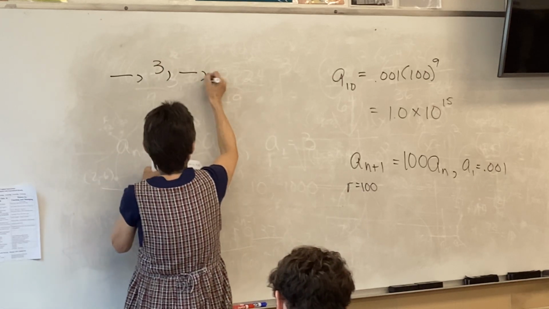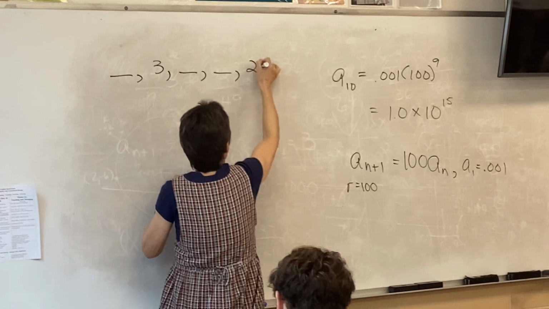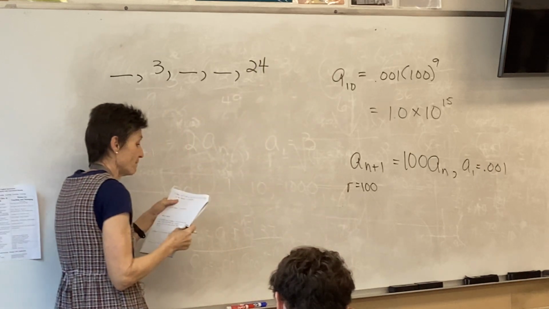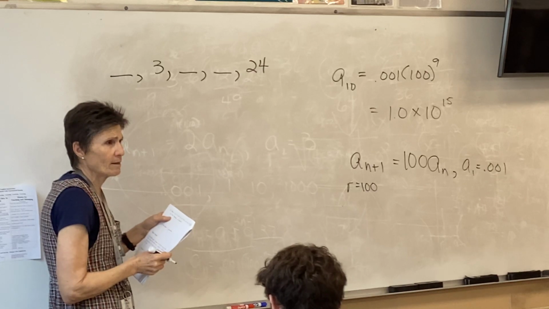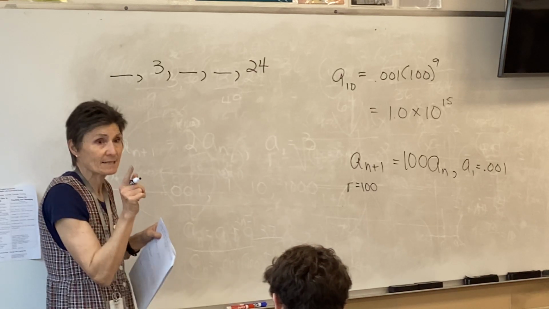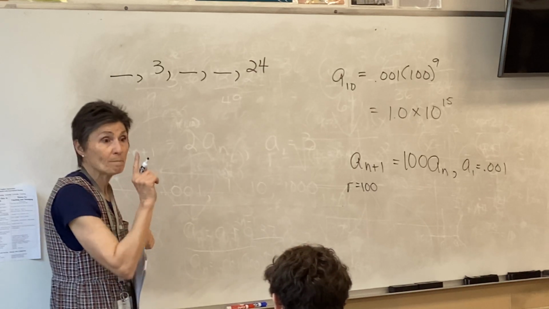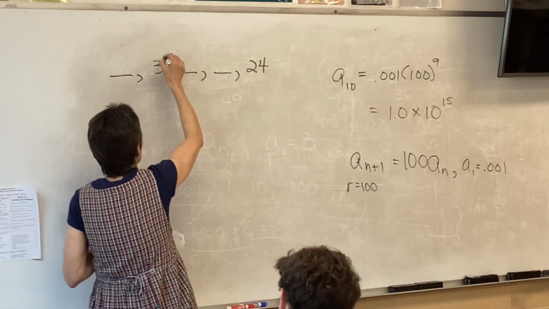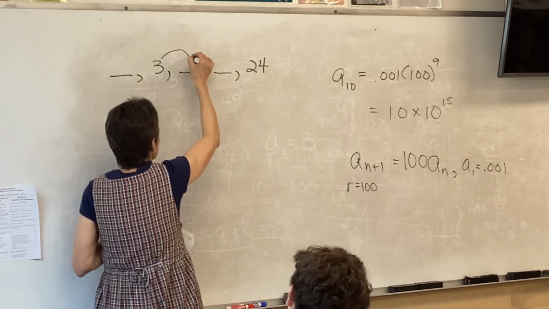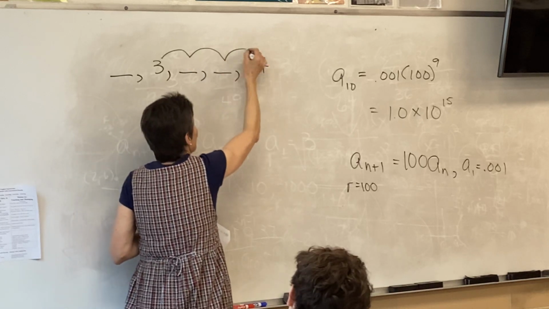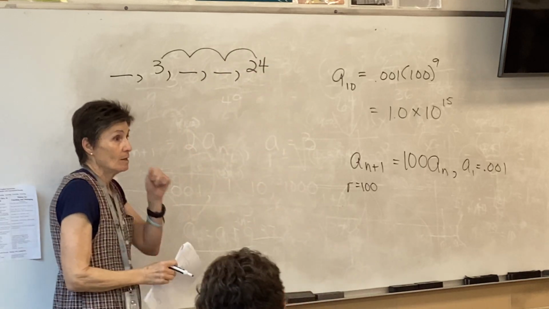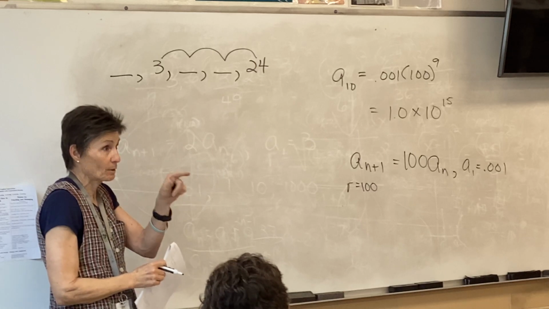I don't know the third or the fourth, but the 5th term is 24. Right? Are you with me? That's what I know. And it's arithmetic, which means that to get from here to here, I'm adding and adding and adding. Does that make sense to you? I'm adding the same number.